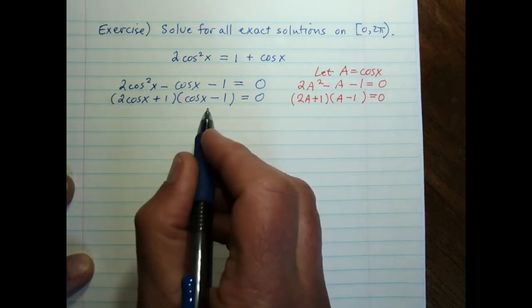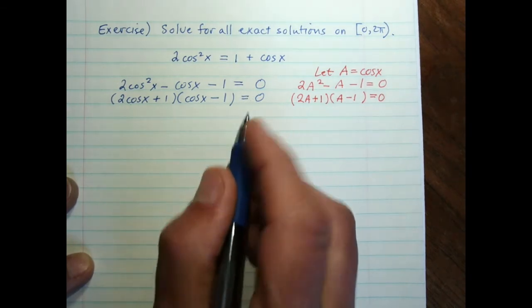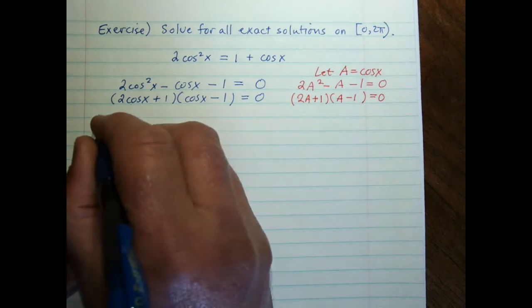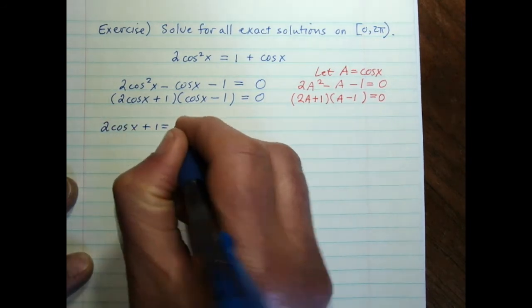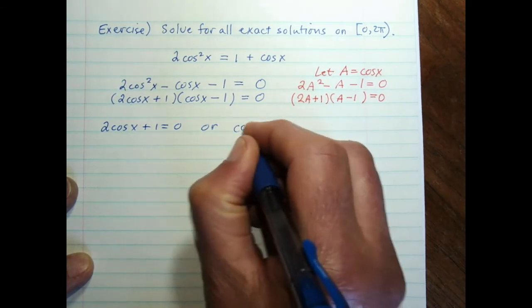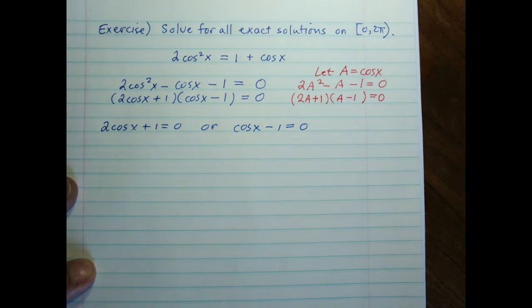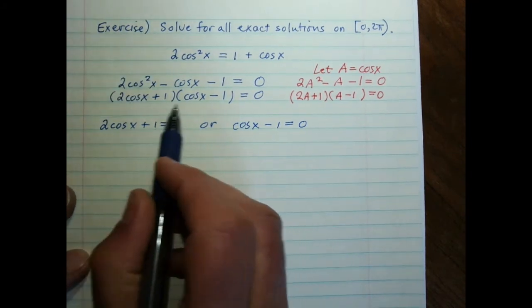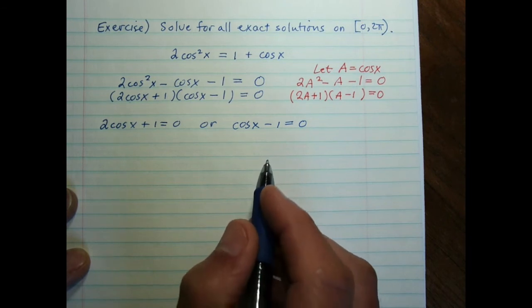If we're able to factor this, and we have one side of this equation equal to 0, by the 0 property, I can say either 2 cosine x plus 1 equals 0, or cosine x minus 1 equals 0. So my big equation is split into two less complicated equations.